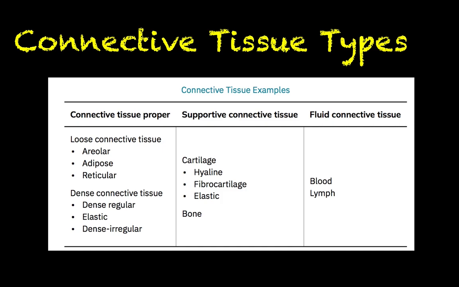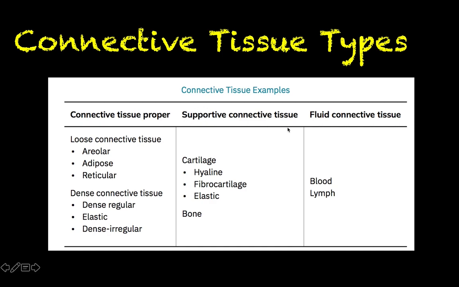If we had to categorize the connective tissues, the first thing we can do is categorize them as connective tissue proper, which includes both loose connective tissue and dense connective tissue. These are the connective tissues you largely see in the space in between organs and other structures in the body.